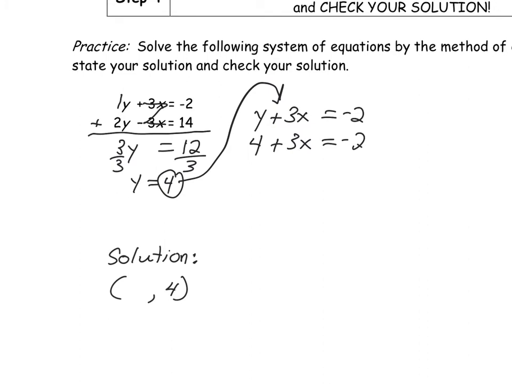And remember, when we're solving equations, we want to isolate the variable terms, so I got to get rid of the 4. That zeroes out. That means I'm taking 4 more away from here. And when I have like signs, I keep the sign and combine. So I'm going to combine those to get a -6. Divide by 3. And I get x equals -2.